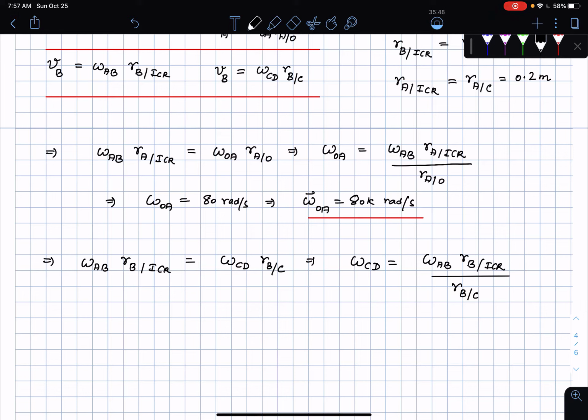Which implies that omega CD is 40 radians per second, or omega CD is 40k radians per second.